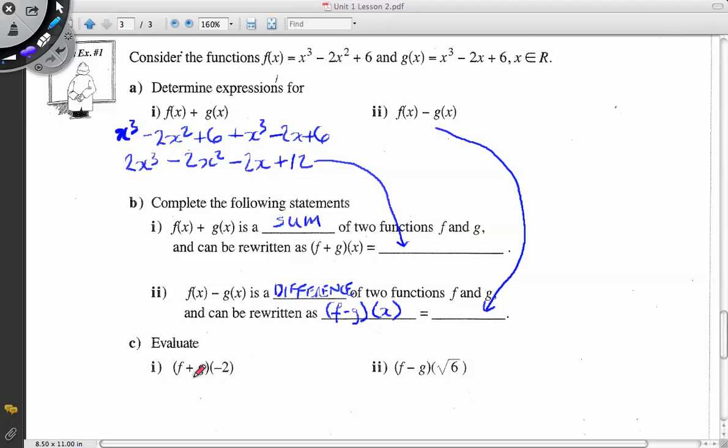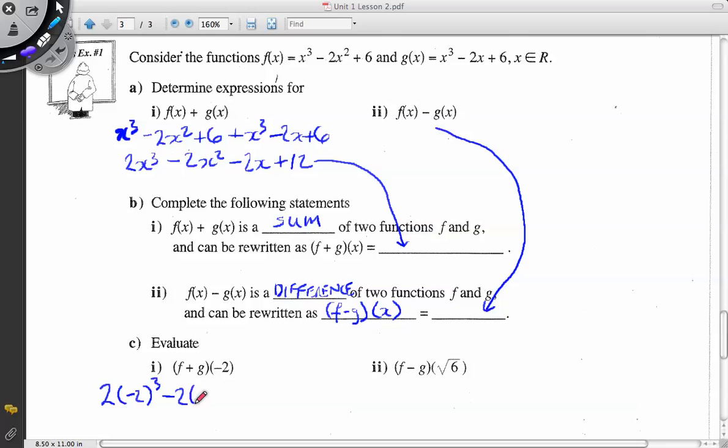Okay, evaluate the following. What is f plus g when x is negative 2? So we can take our equation, this one right here, and fill in our x's with negative 2. Okay, we'll do that quickly because we don't want this video to be too long. X is negative 2. We'll cube it.